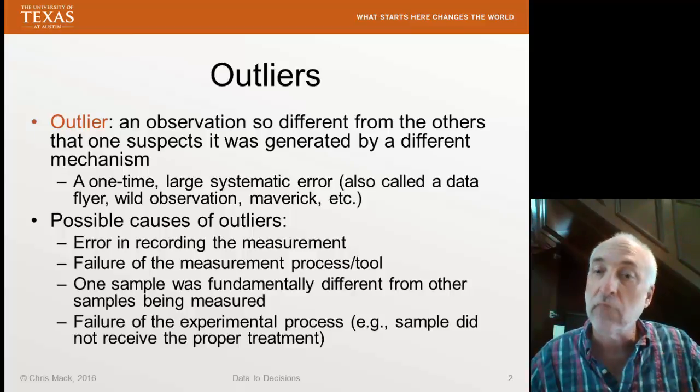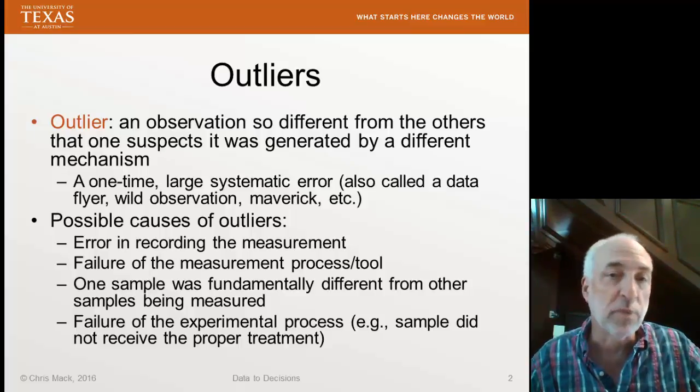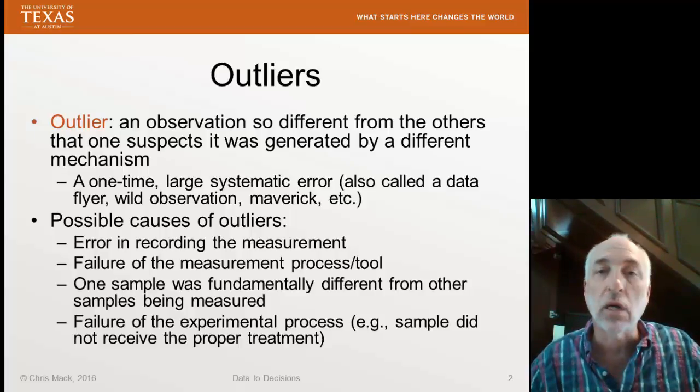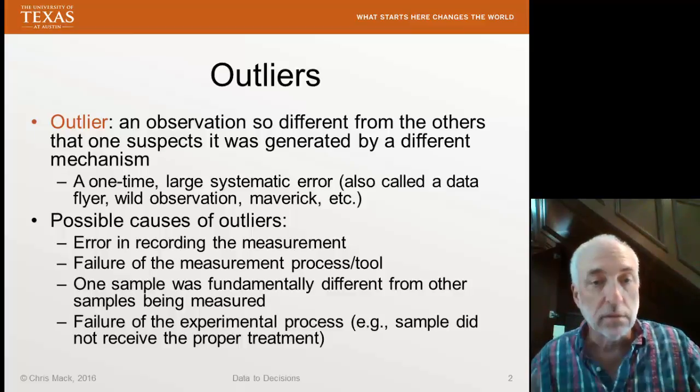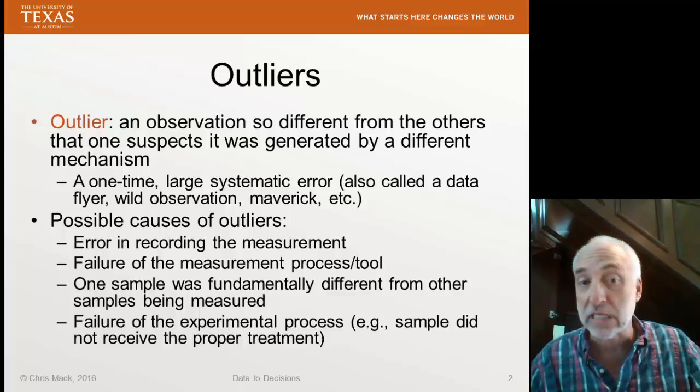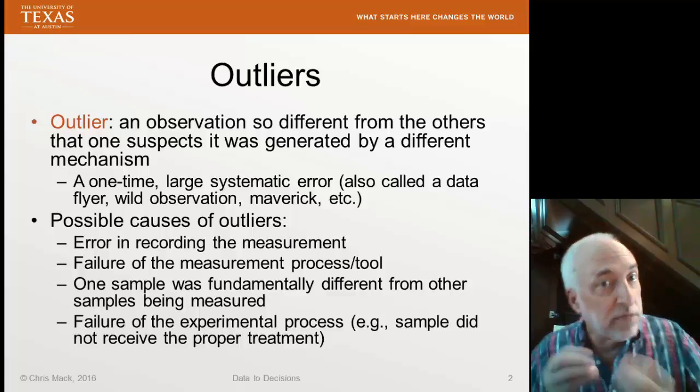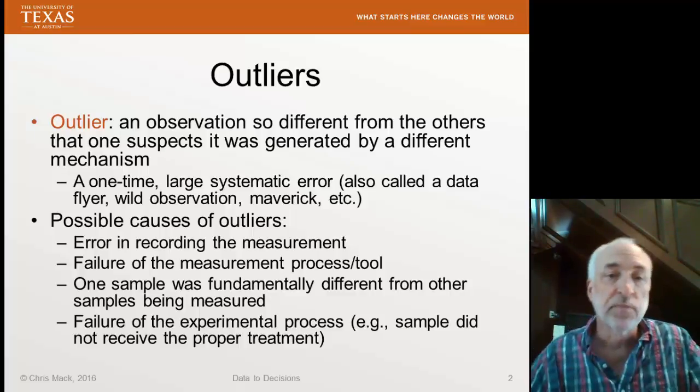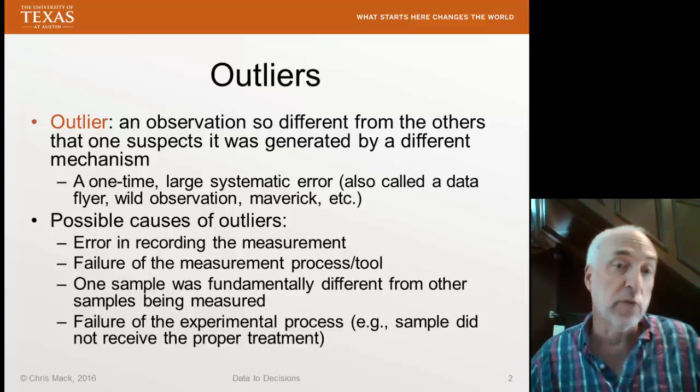But if we're making measurements in a more automated way, there could still be failures in the measurement tool, the measurement process. Things can go wrong, and you get a number that just doesn't make any sense. And in fact, is not reflective of what's really going on in the process. Sometimes you're measuring multiple samples and something went wrong with one of the samples.